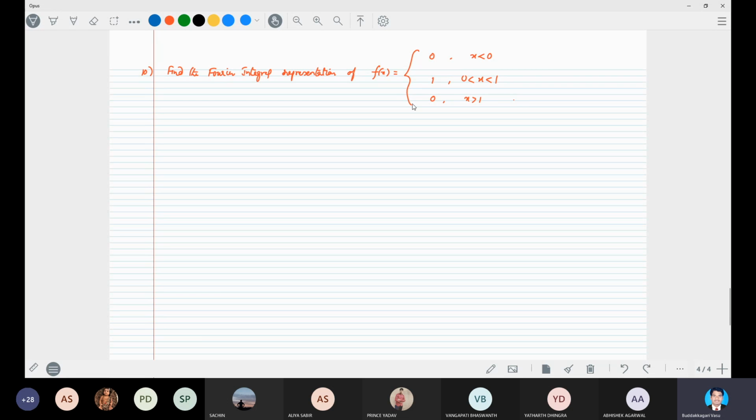Okay. Hence show that the integral from 0 to infinity of sin x by 2 by x dx.